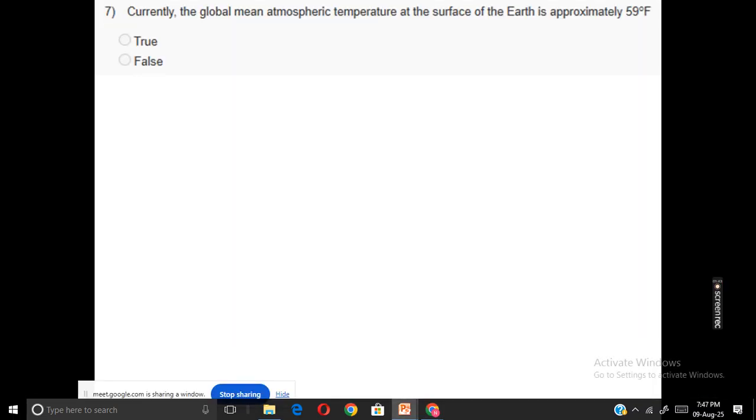Now, currently the global mean atmospheric temperature at the surface is approximately 59 degrees Fahrenheit. Is this correct? We know that in Celsius the atmospheric temperature is around 15 degrees Celsius, right?